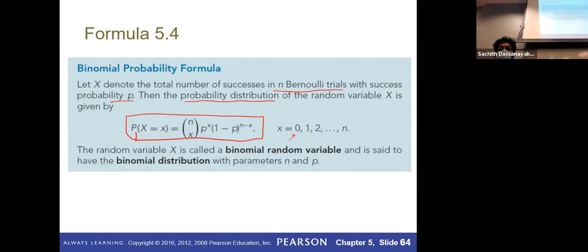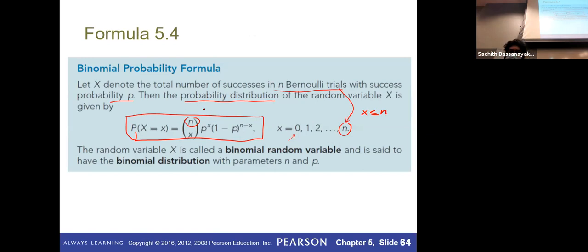So you know that this n and this n are the same. What does this n mean? The number of Bernoulli trials. Same here, this is the number of Bernoulli trials. It is the maximum. X can reach a maximum of n. It cannot exceed n, the total number of Bernoulli trials, right?